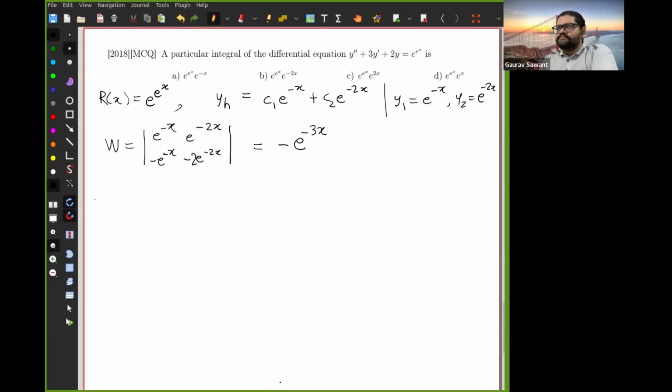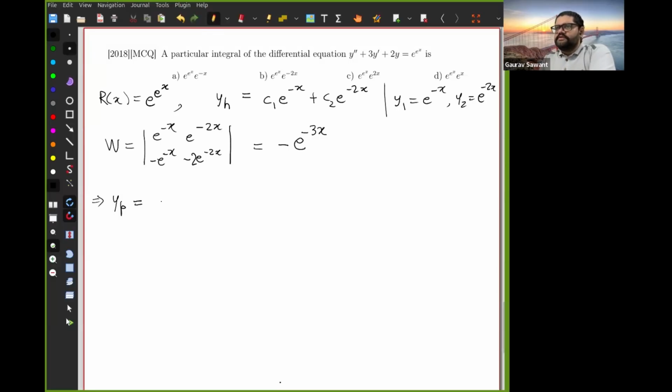Then yp. Whenever you see particular integral or integral curve or particular solution, all of these things mean the same thing. Essentially we want to find out what yp is.